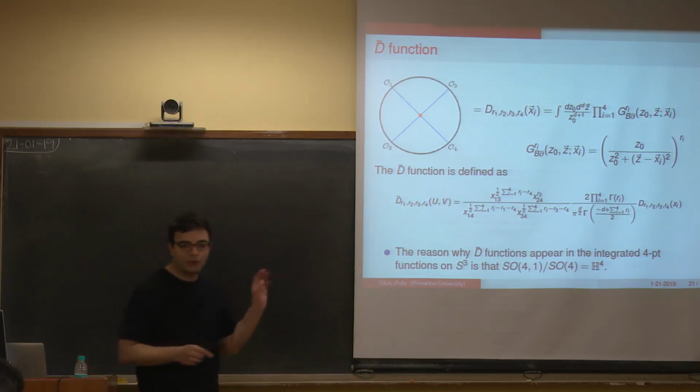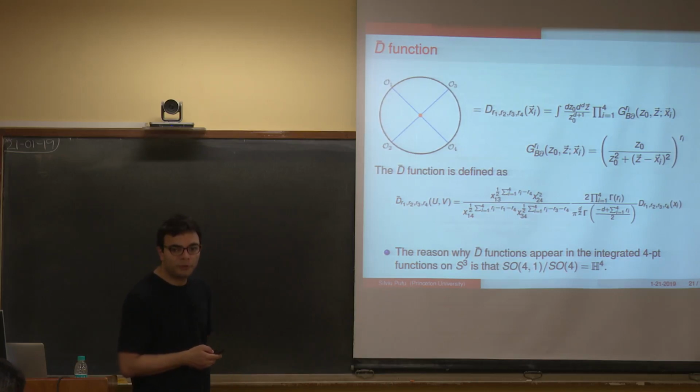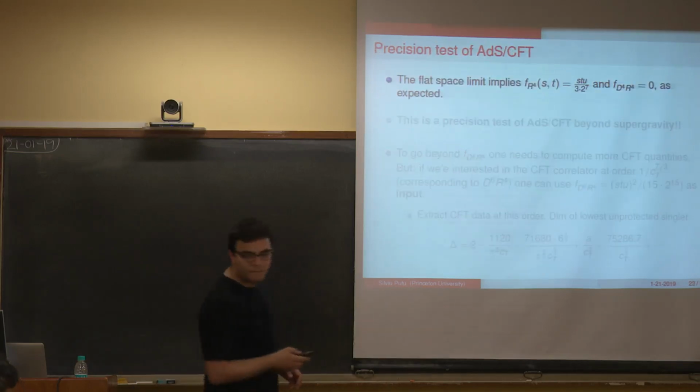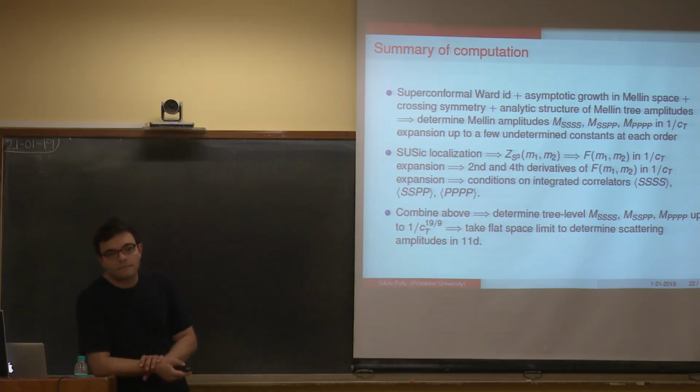So in 3 dimensions for these particular values, there's no divergence. Sorry, in the SSPP there is probably an S, yes, so that is a divergence. But it's not big enough. When you integrate it, it's integrable.